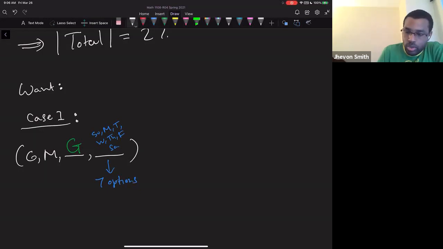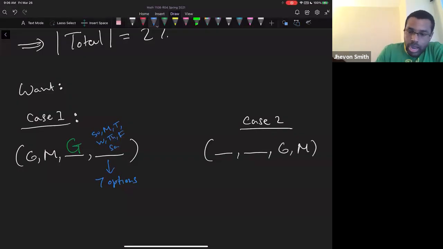And in case 2, GM, I definitely know that I want a G here because I want to know that there are 2 girls, which means over here, I can have Sunday, Monday, Tuesday, Wednesday, Thursday, Friday, or Saturday.